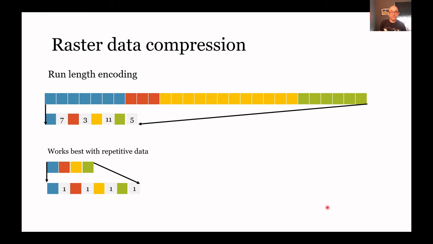Data compression. So this is sort of connected to our neighborhoods in a way, because what we're looking for is things that are happening within a region.